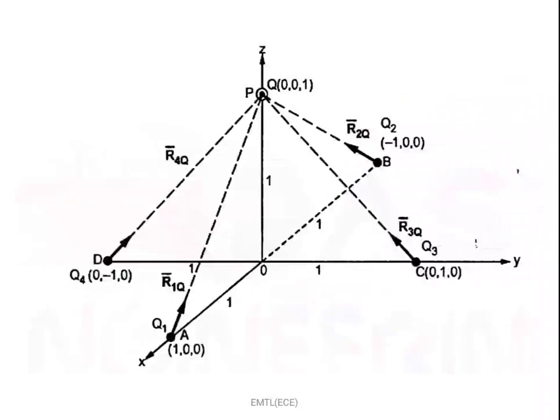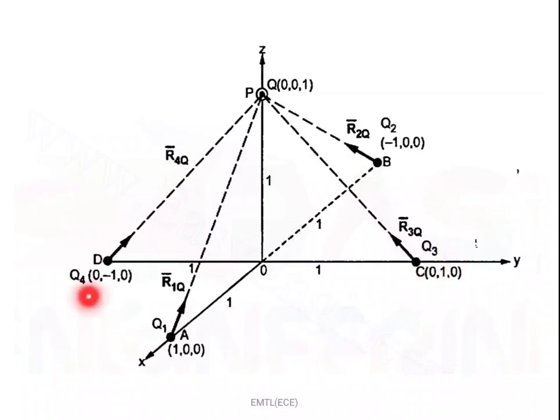So these come from their coordinate points. Here the coordinate point for A is 1, 0, 0, so automatically the position vector for A is represented by Ax bar. For Q2, the coordinates are minus 1, 0, 0, so the position vector for Q2 is represented by minus Ax bar. Similarly, for C, the position vector is Ay, because there is only a y coordinate.